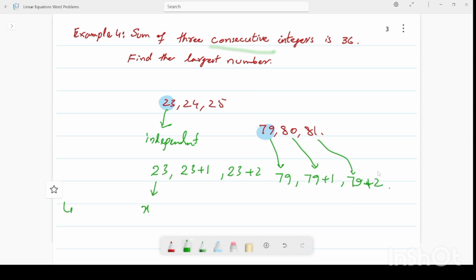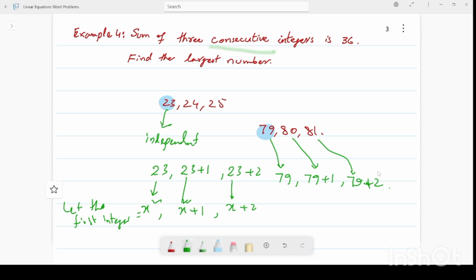Let the first integer be x, then the next integer will be x plus 1, and the third number will be x plus 2. Now we have three numbers in algebraic form.